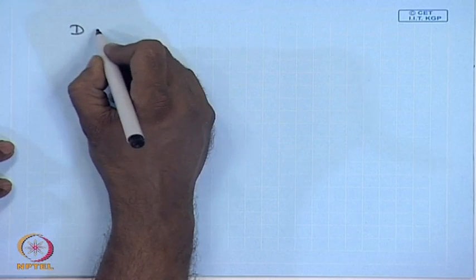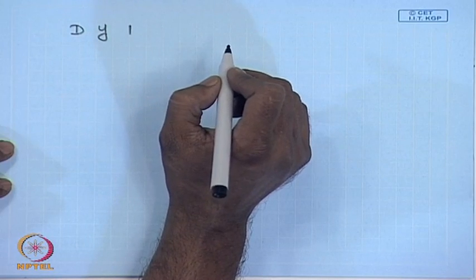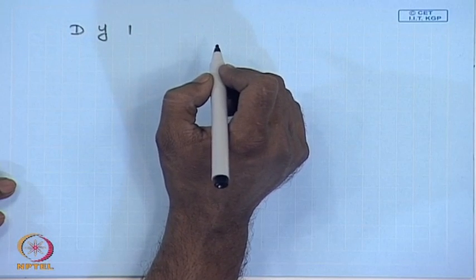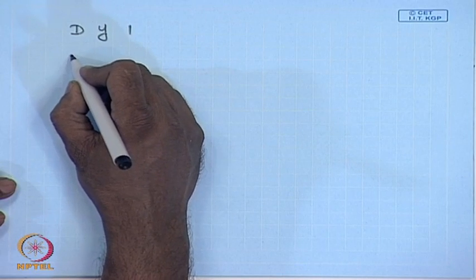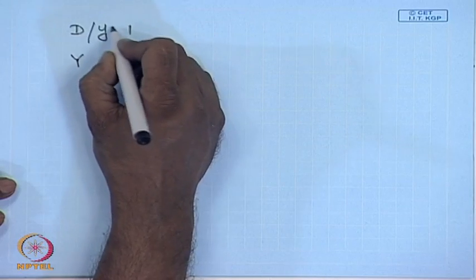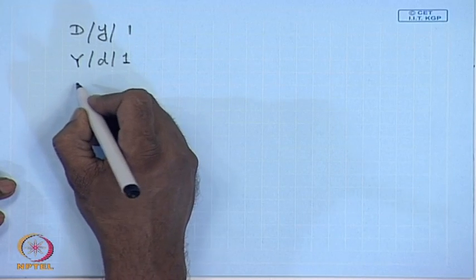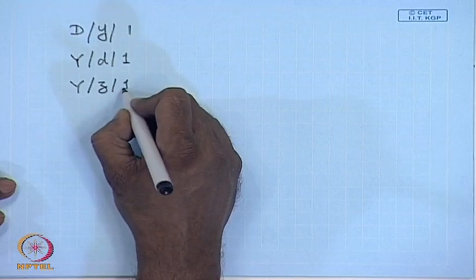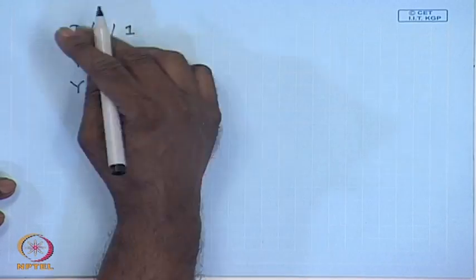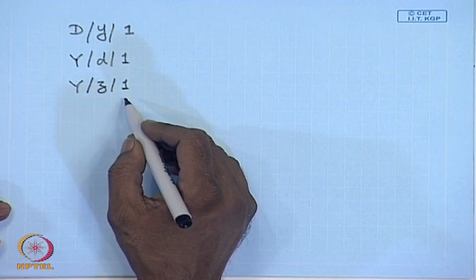For plus minus 30 degrees, you have D Y 1, this is minus 30 degree, then you can have Y D 1 or you can have Y Z 1. Again, the high voltage and low voltage side connections can be interchanged. However, D Z 1 is not possible.